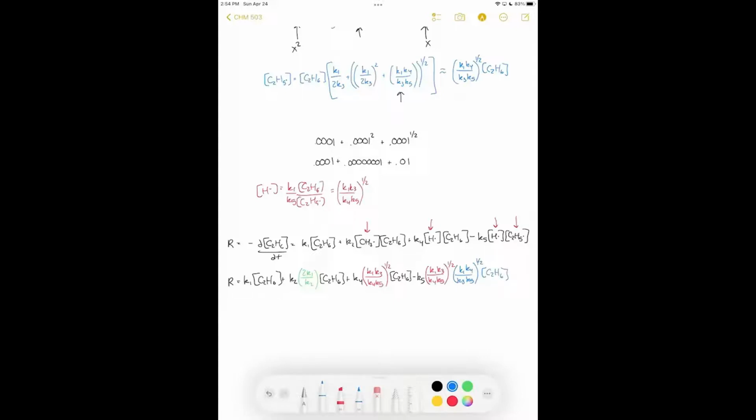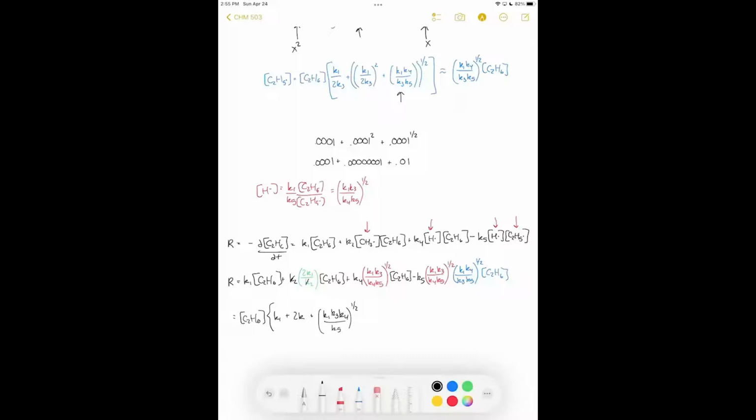With this, we can go ahead and factor out the C2H6 and actually solve for what this rate is. So if we take out C2H6, what we're left with is from the first term, we're left with K1. Then we're left with 2K1. In the third term, we are left with K1 K3 K4 over K5.